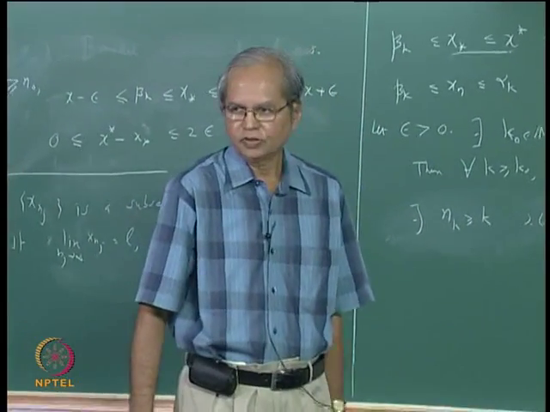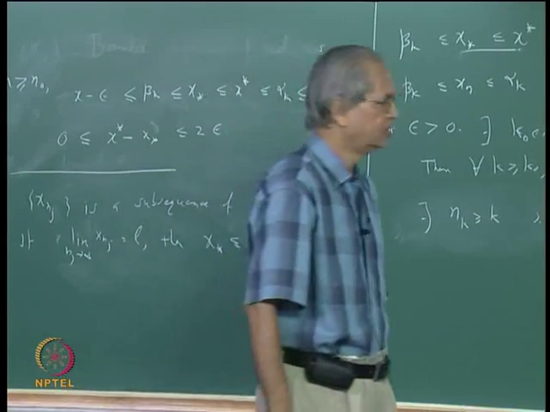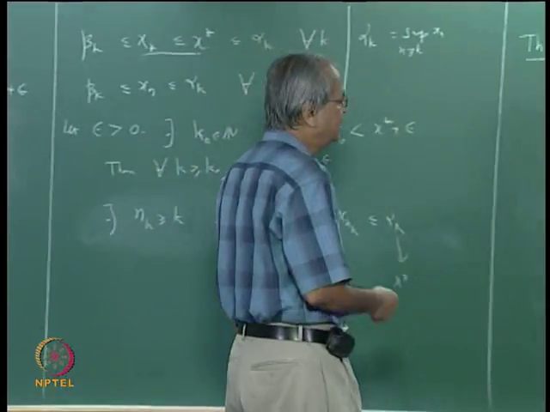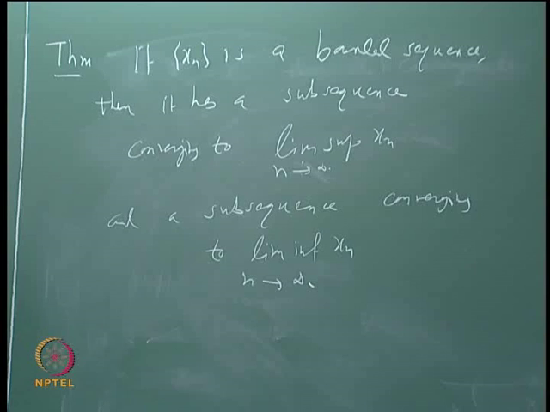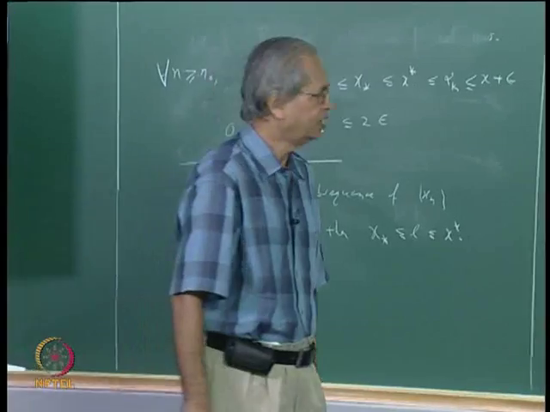Is it clear whatever we have said so far? And if the limit superior and limit inferior are different, then we can find two subsequences converging to two different limits, and that will also mean that the sequence is not convergent, which is something we have seen earlier also.